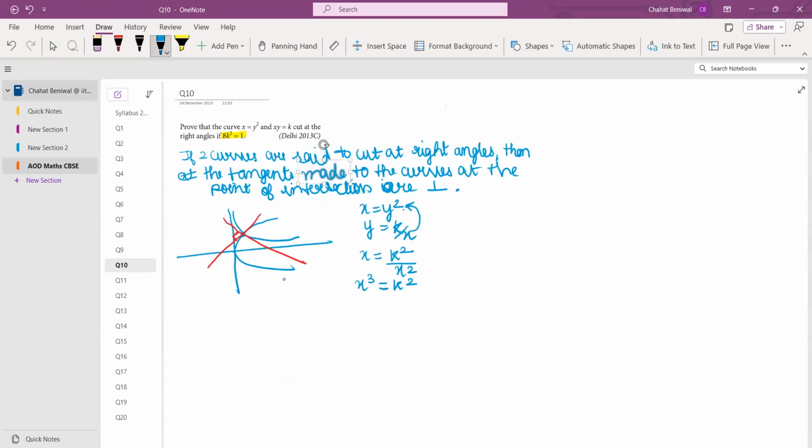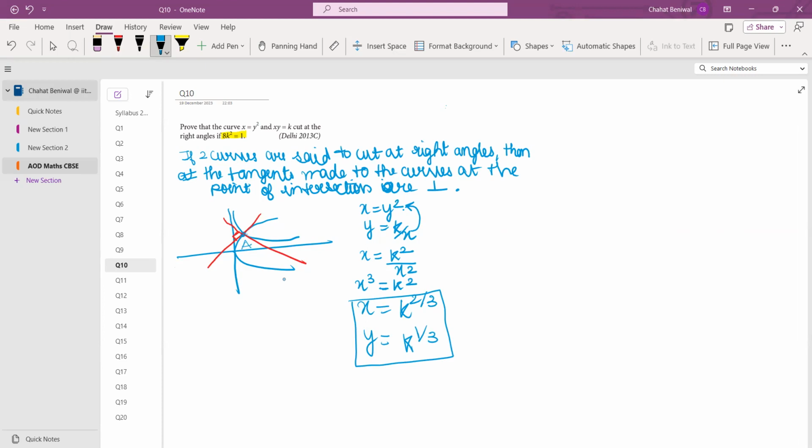And that means x is k raised to the power 2 upon 3, and y is going to be k raised to the power 1 by 3. So these are the coordinates of this point A.